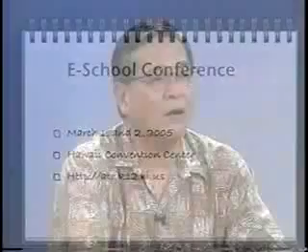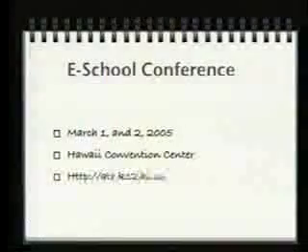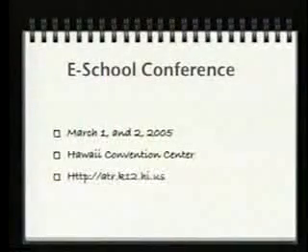Everybody says, wow, March 1st and 2nd, that's quite a ways off. Actually, it's important that we get the word out. We're having an e-school conference on March 1st and 2nd, 2005 at the Hawaii Convention Center. We'd like you to go to that URL, atr.k12.hi.us, because this is where you can get information about what's going to be happening at the conference.